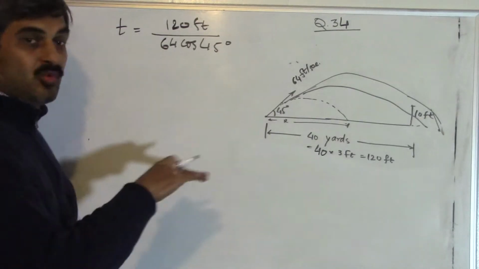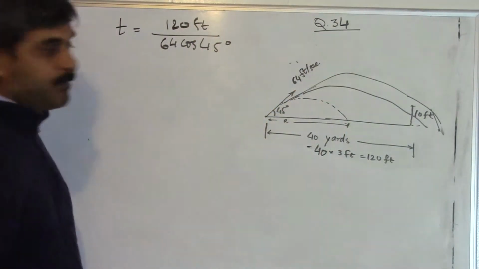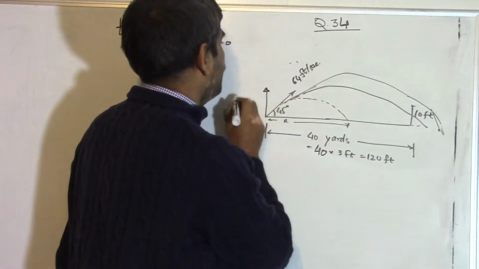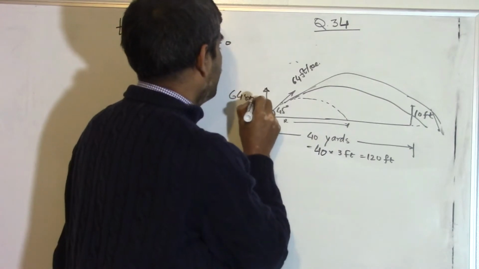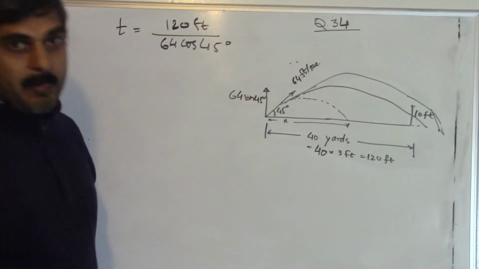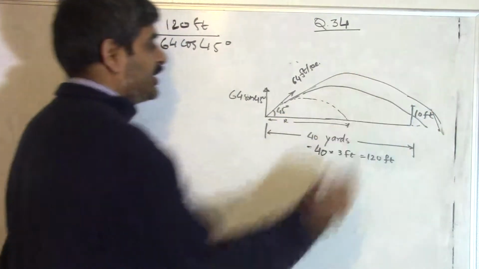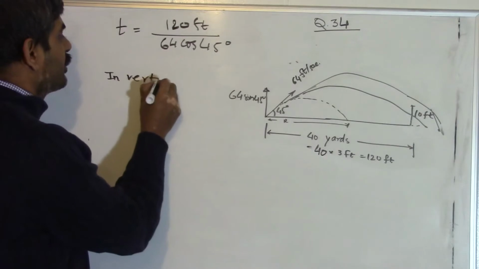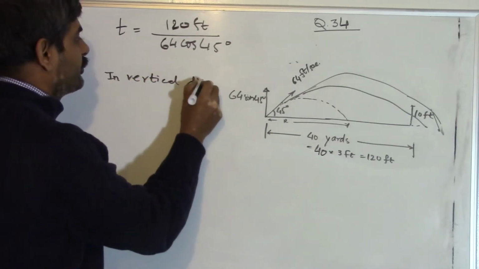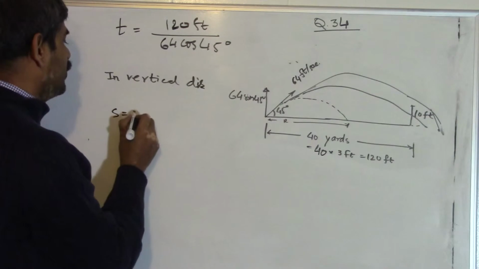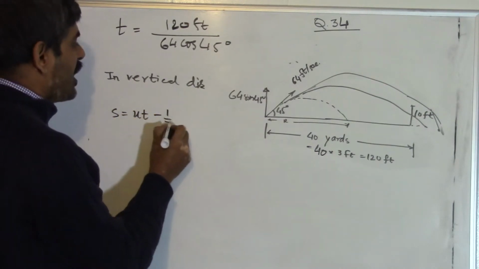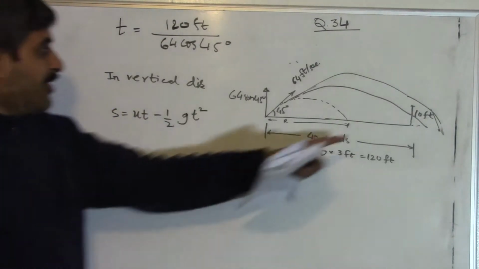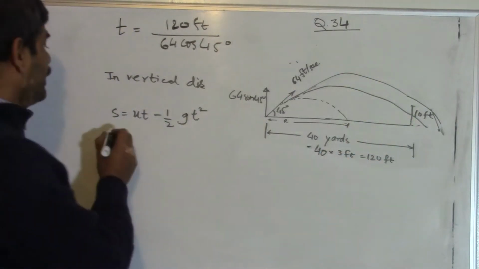Now we come back to our vertical displacement. During this period, we have a vertical speed of 64 sine 45 degree. We will use the formula in the vertical direction. Let us apply S is equal to ut minus half gt square. S is our vertical displacement here.